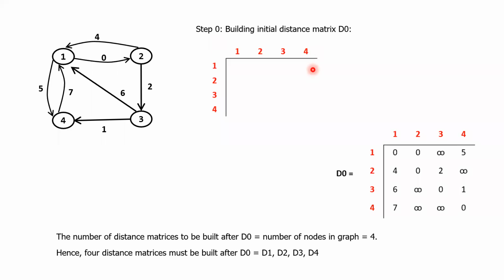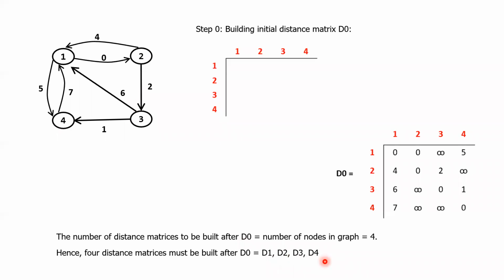Now, how many distance matrices are you going to build after D naught? Building D naught is mandatory. After that, the number of distance matrices you have to build is equal to the number of nodes in the graph. There are 4 nodes in the graph, so I'm going to build D1, D2, D3, and D4.